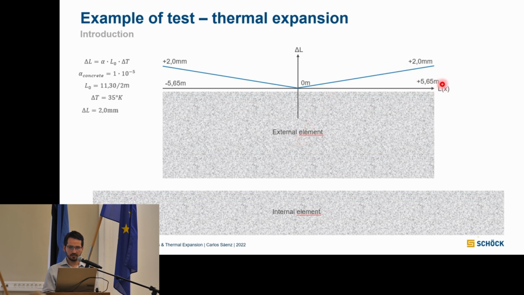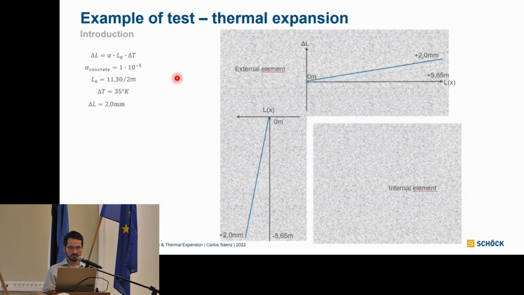But the elements on the right, you get to see that we have a differential of, in this case, 2 millimeters this way and 2 millimeters this way. This expansion is happening because of the temperature differential. For corner balconies, we get the same behavior, but here is the fixed point and the movement is in these directions.